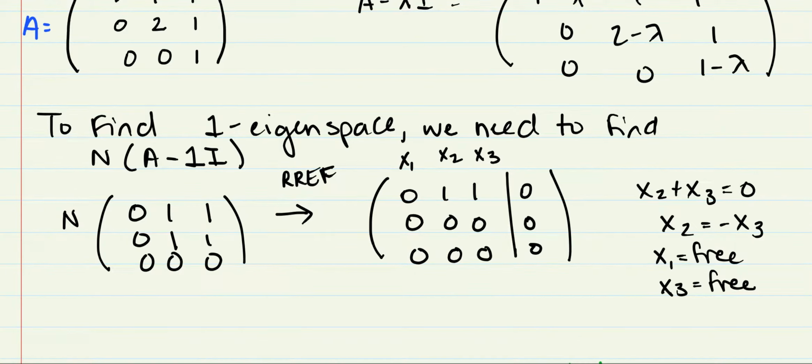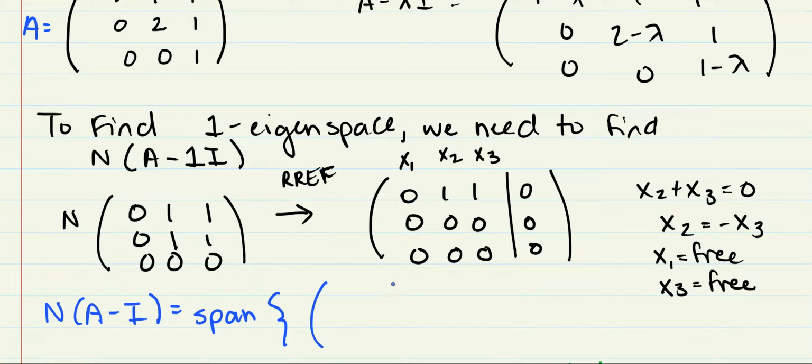So now we can come up with the null space. The null space is the span of vectors, so x1 we said is free, so we're going to put an r there, just like a free variable. x2 is negative x3, so let's put an s here and a negative s here.